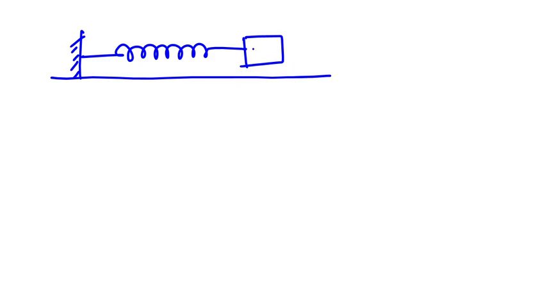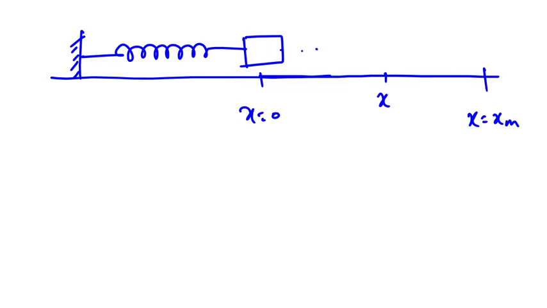So let's say here x equals 0 and here x equals maximum. If you have moved from here to here, we have already seen this scenario, but let's take some intermediate point x here. So if the block has moved from here to here, the spring force at this particular point will be minus kx, where the spring constant is k.